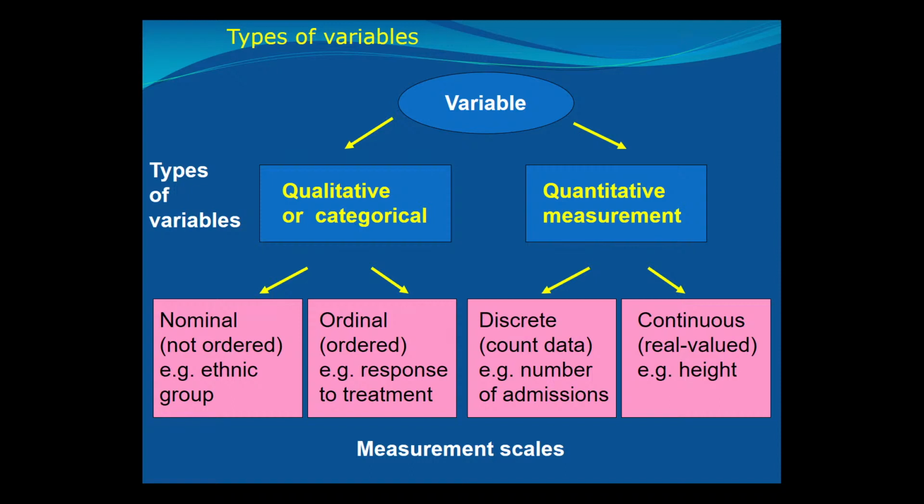An example of discrete variable is number of admissions. Examples of continuous are height, weight, so a lot of medical variables belong to the quantitative variables.